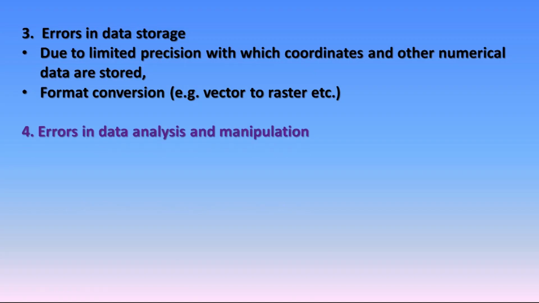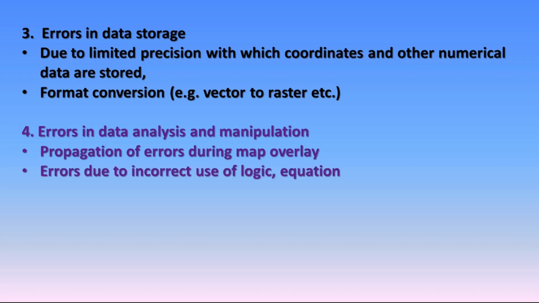Now, fourth in this category of errors are the errors in data analysis and manipulation. That may be propagation of errors during map overlay, that is one source. Errors due to incorrect use of logic or equation.